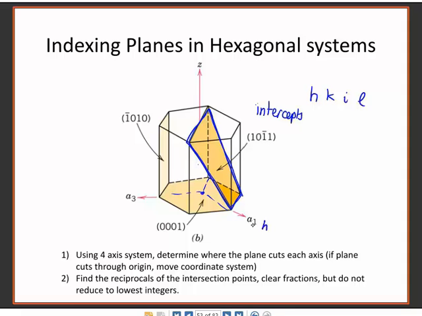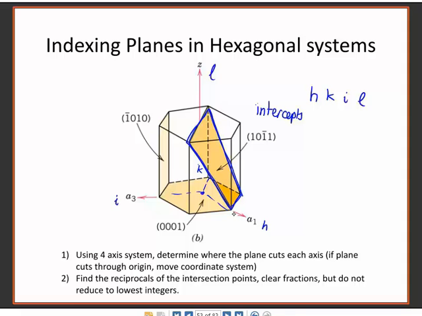This is the H, the A1, this is K, and A3 is I, and of course we have the L direction going upwards along the z-axis. What are the intercepts on the H-axis?